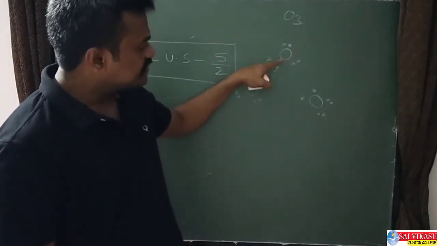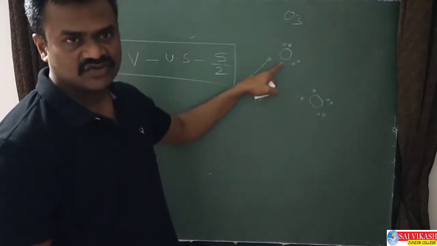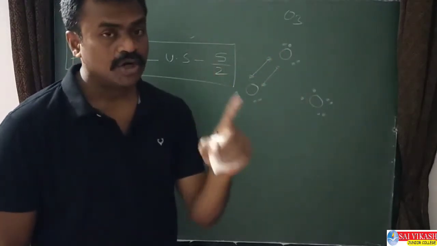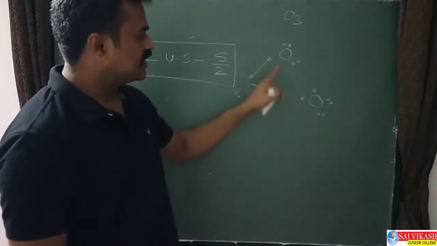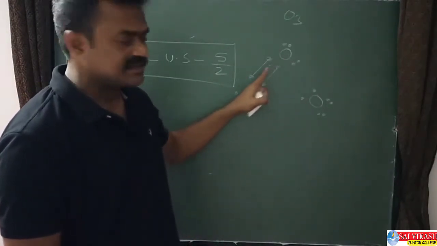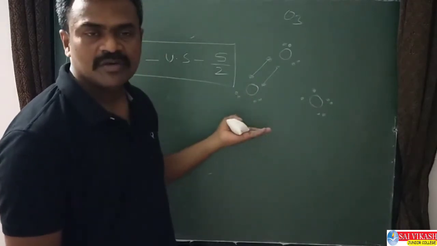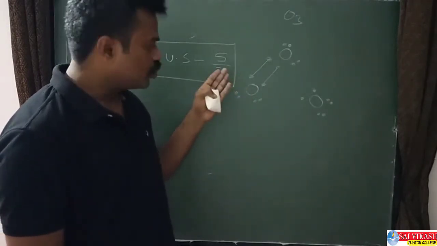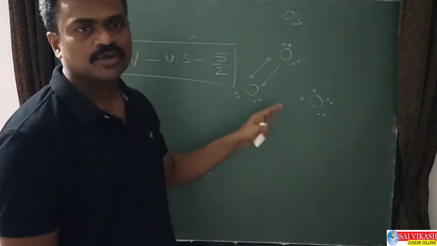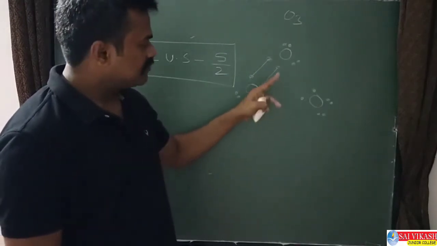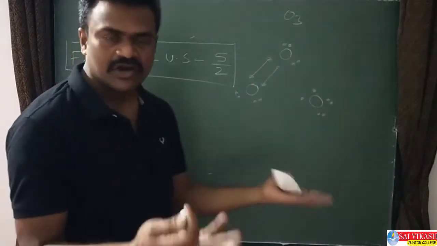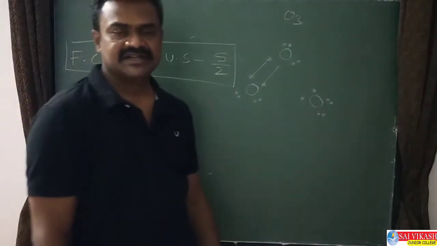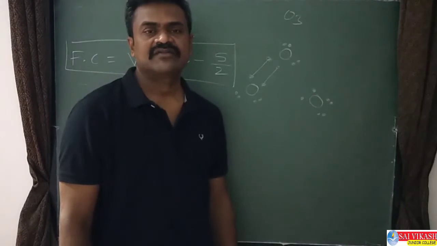Because in this case no bond pair is left to attach with this, because only bond pair of electrons are able to form bonds. Here in this case no bond pair of electrons. Here also in this case no bond pair of electrons. But this one has a bond pair, while these two oxygen atoms do not have any bond pair of electrons. Then how are they forming bonds?